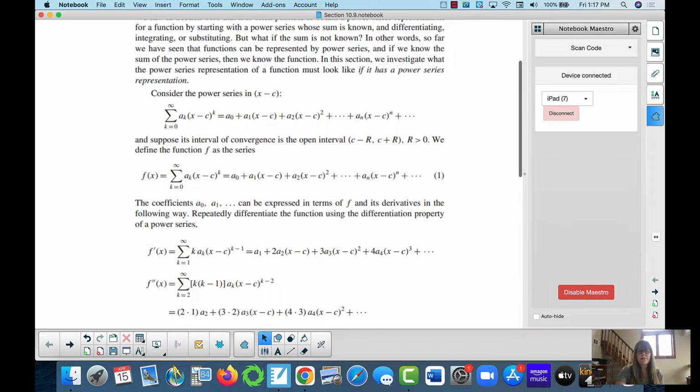And we know its interval of convergence is whatever the radius is. So c, if that's the center, c minus the radius would be the lower end of the interval, and then c plus the radius would be the upper end of the interval.